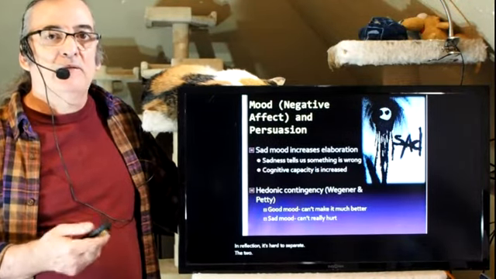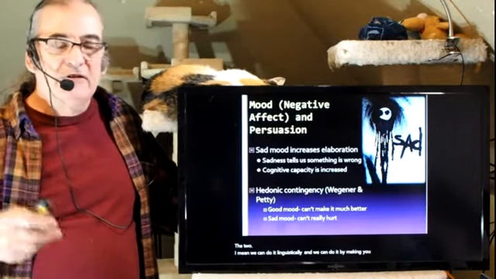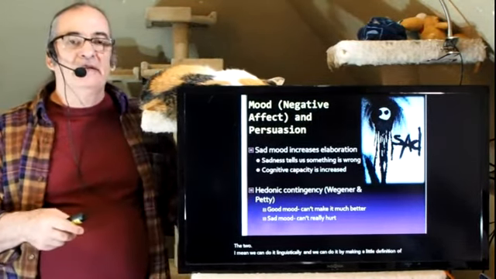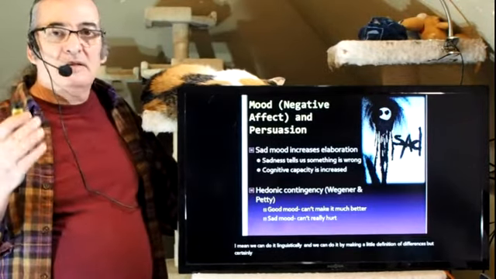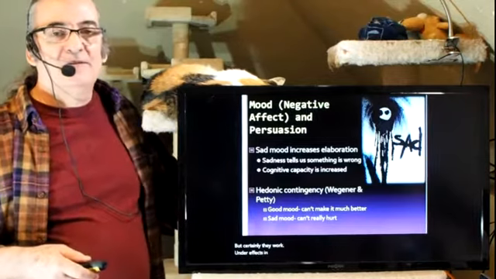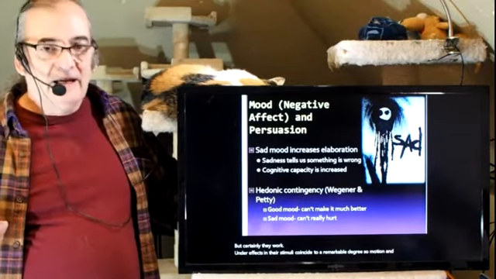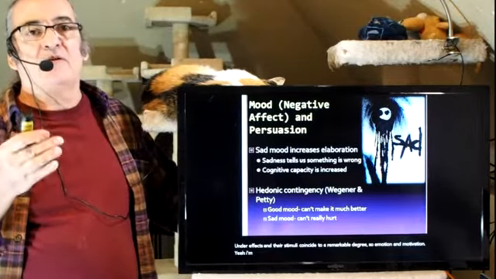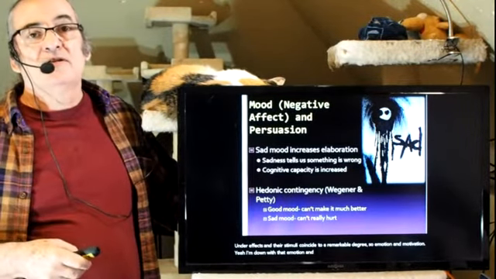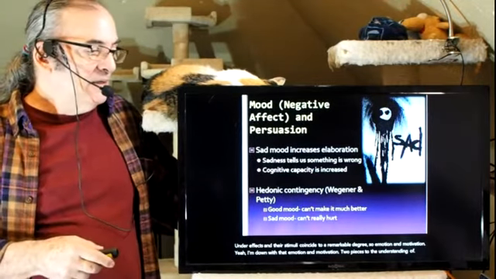I mean, we can do it linguistically, and we can do it by making little definitional differences. But certainly their effects and their stimuli coincide to a remarkable degree. So emotion and motivation, yeah, I'm down with that. Emotion and motivation. Two pieces to the understanding of the human miracle.